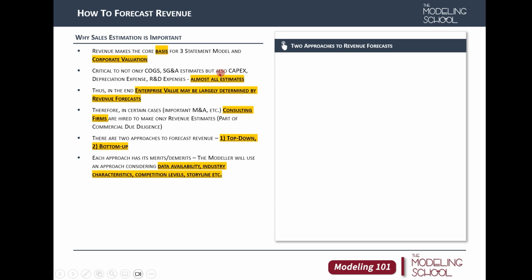So in the end, how we estimate revenue is going to affect our enterprise value and later on our investment decision as well. That is the reason why in many cases, consulting firms are hired to make only revenue estimates when there is a large acquisition deal.